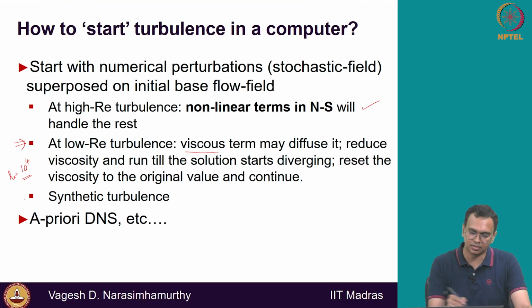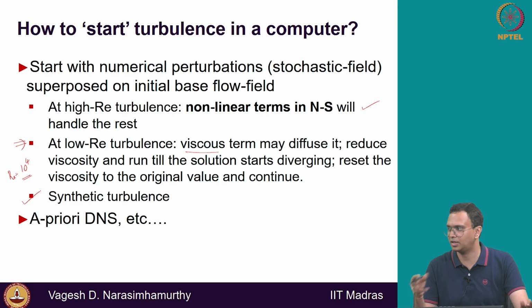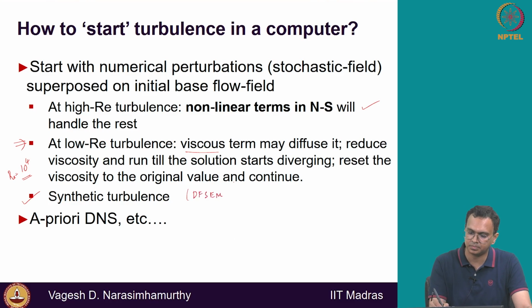Okay. Another technique, if this is very expensive, it looks like trial and error. Reduce it, increase, reduce, increase. One can also use synthetic turbulence. There are many techniques like the divergence free synthetic eddy method. So here some stochastic field is generated, and you need to have some kind of an idea of what the Reynolds stresses should be in a given flow.